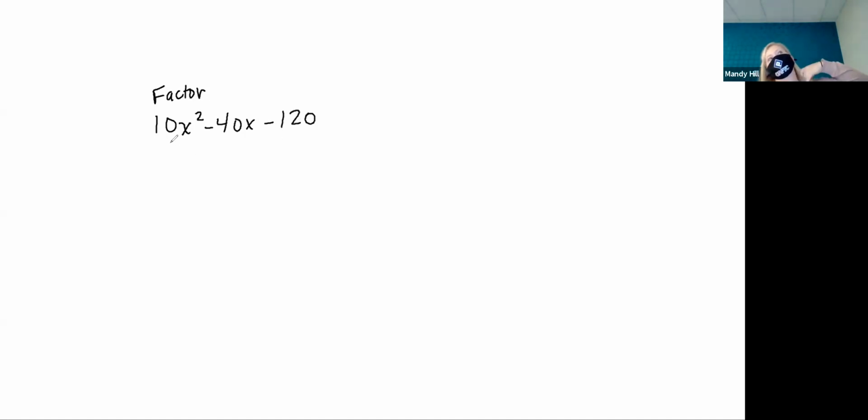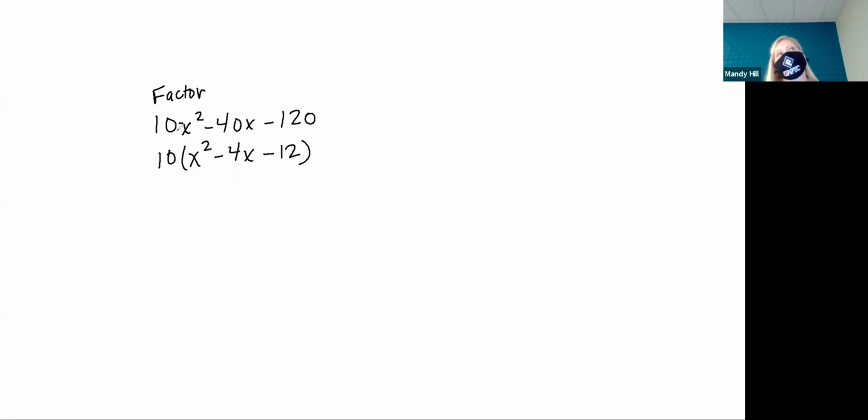First thing I'm noticing is I can take a number out of each one. I can take a number out of 10 and 40 and 120 because they all have a 10 in them. So that's the first thing I'm going to do. I'm going to divide all these numbers by 10. I can't take an x out because this last number doesn't have an x, but I can at least get that 10 removed from all of them.